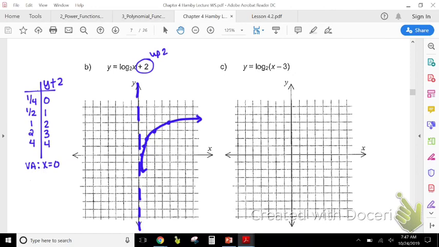And so, does your graph look like that? Did it appear to go up 2 like you told me it was going to? Yeah.